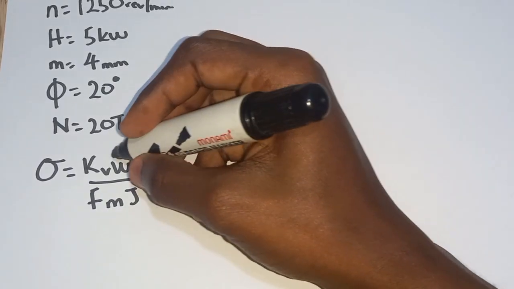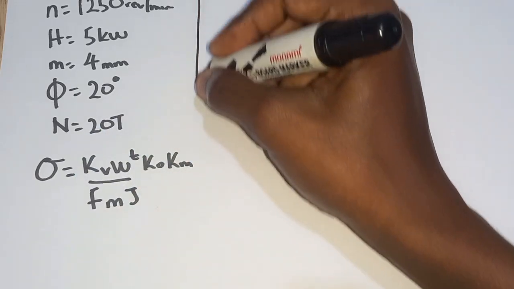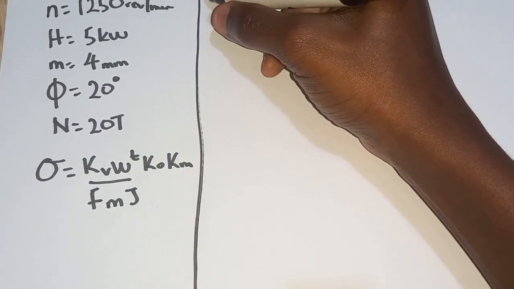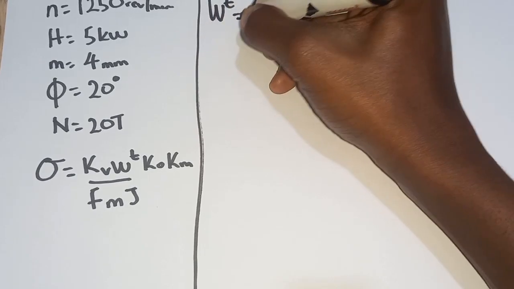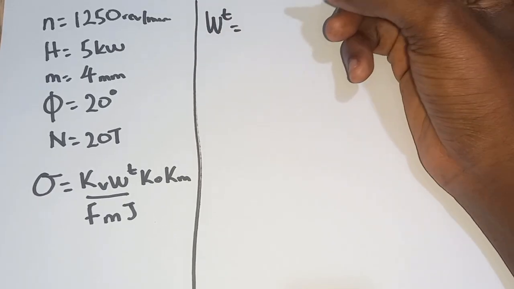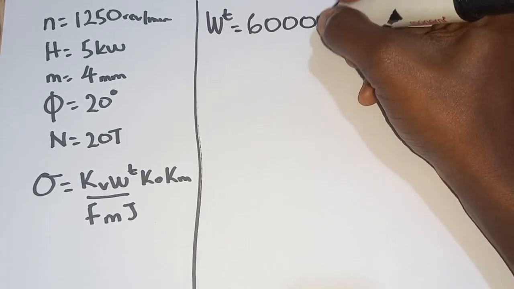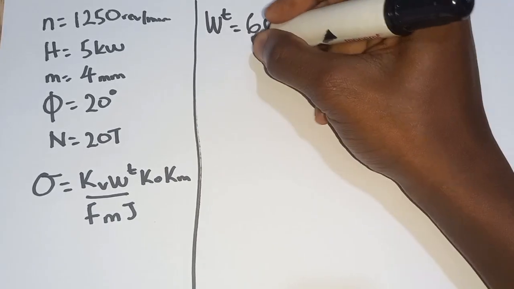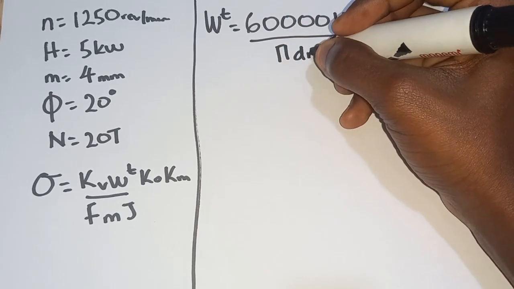So let's first solve the transmitted load. WT, its formula is given by 60,000 times the power transmitted divided by pi dn.